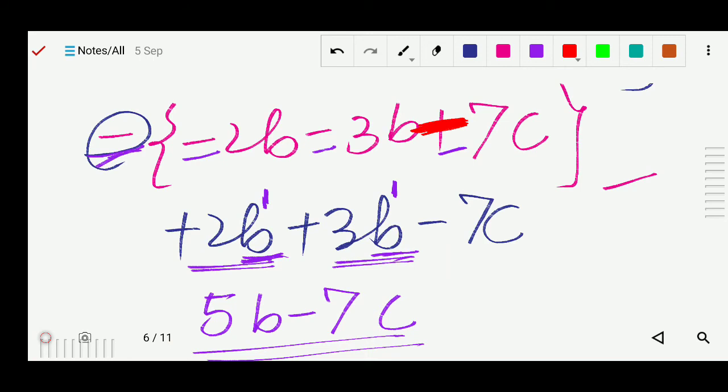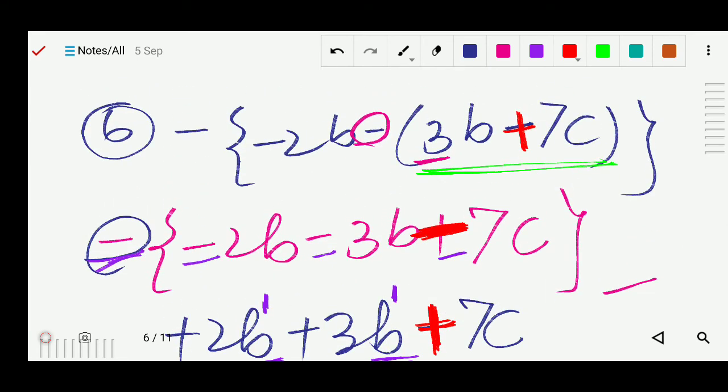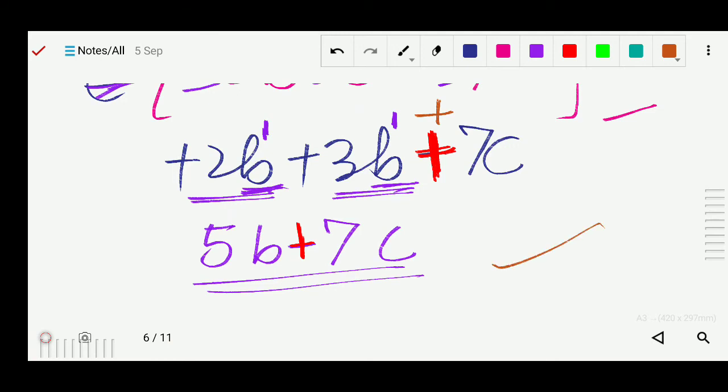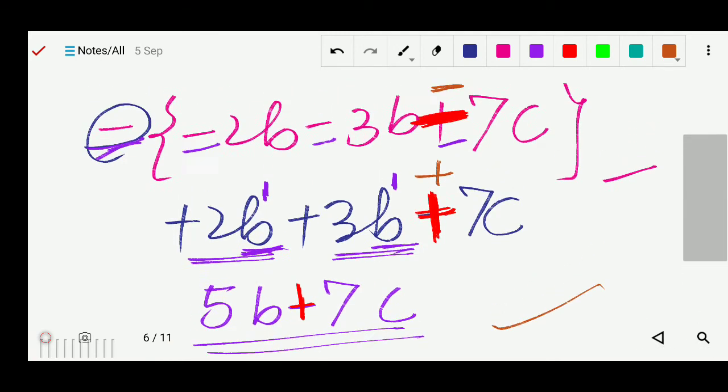Now if there is a minus sign, again it will be multiplied with the minus, so here it will be plus. So in the answer that will be plus. You just correct it because I wrote the wrong question. Here will be the plus, here will be the minus, here will be the plus. Now 5b plus 7c is the answer.